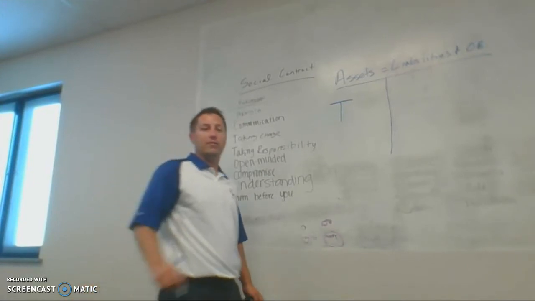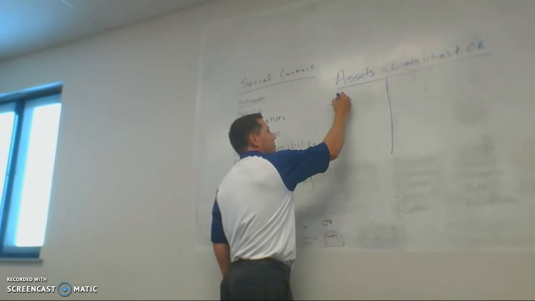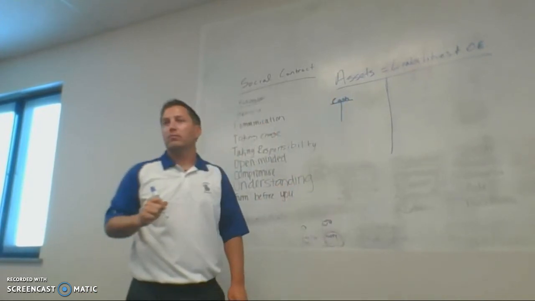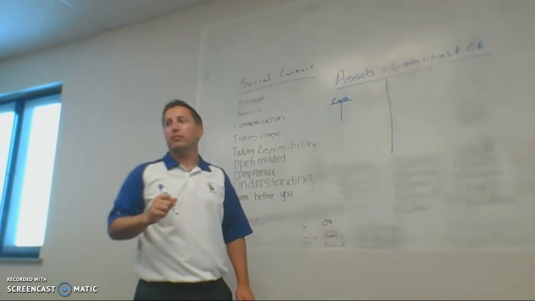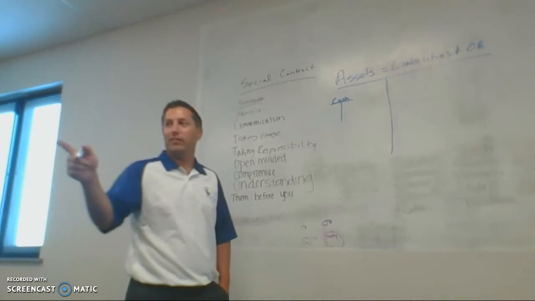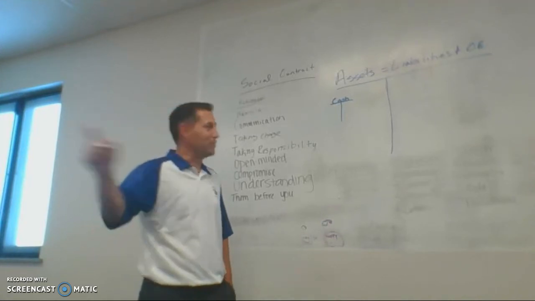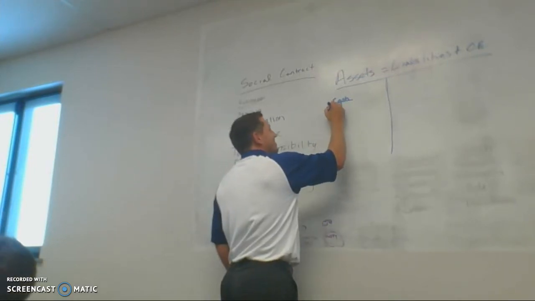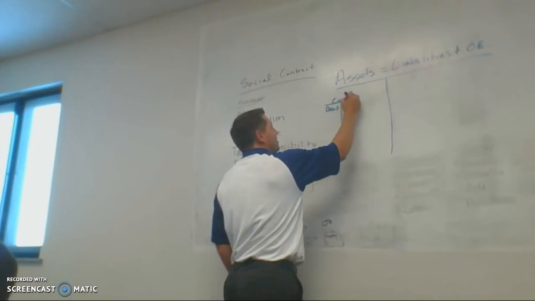On top of the T account, you're going to put the title cash. Write the title cash. Which side is the debit side? Left. Why? Because debit means left. We've already got it down. I like it. All right. Debit side.